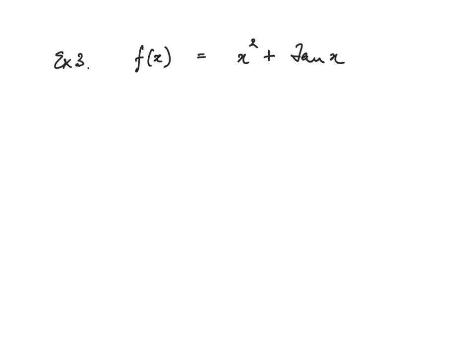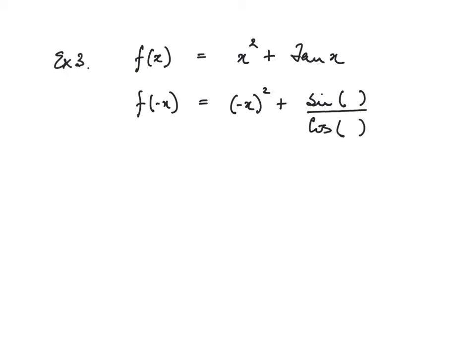Example 3, f of x equals x squared plus tan x. So what we want to do is to replace x with minus x. So f of minus x then is minus x all squared plus tan of minus x. Now, what we could maybe do is write tan x as sine x over cos x.